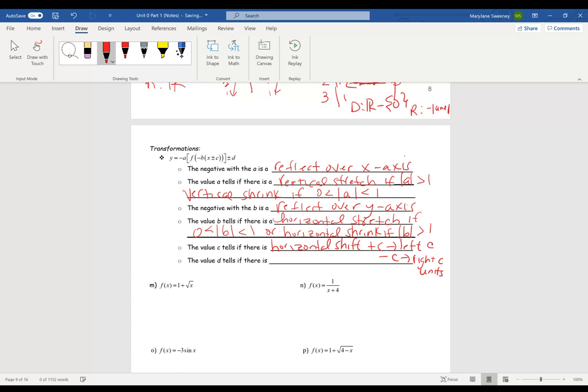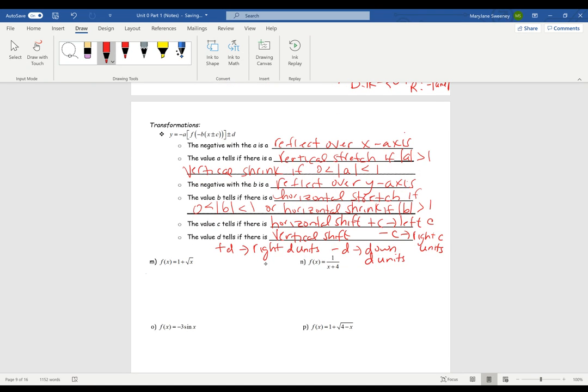That's the one that's always kind of backwards of how we would think of it. The plus inside the parentheses is actually a left, and a minus is a right. And then the D is your vertical shift, and plus D is up D units, and minus D is down D units.